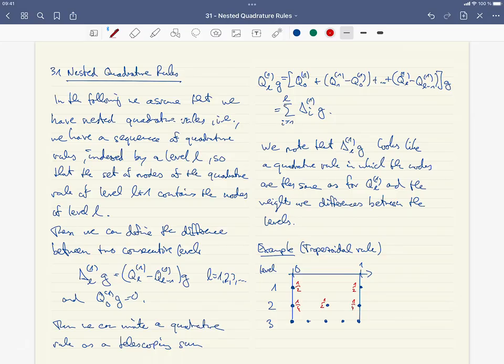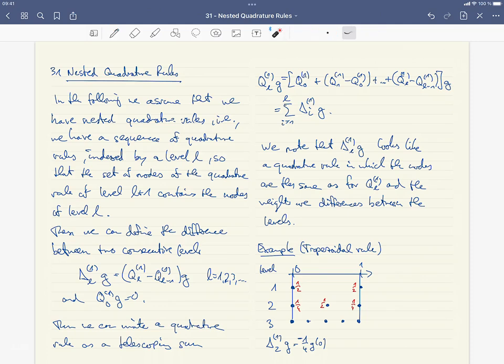So I can write down what the difference between levels 2 and 1 would be. Delta 2 in one dimension, G, is then 1/4 G of 0 with a minus sign.